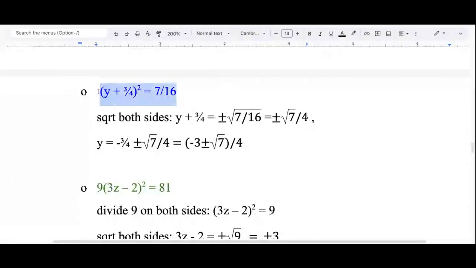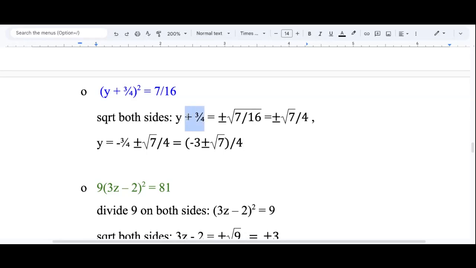Let's see this one. So we square root both sides. Then the left-hand side becomes y plus 3/4. The right-hand side becomes plus minus square root of 7 over 16. We know square root of 1 over 16 is 1/4.